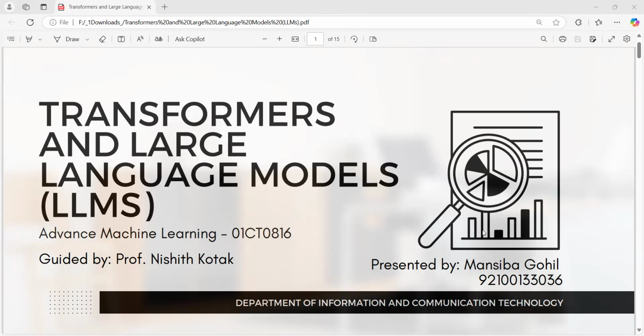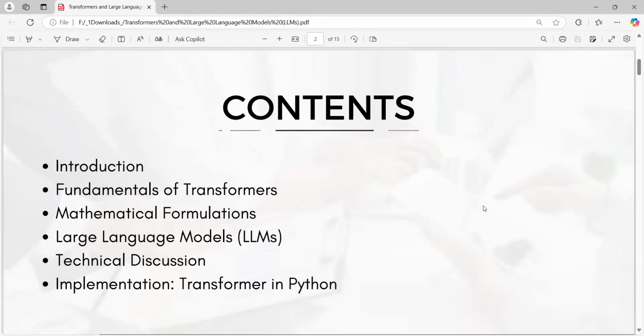As part of my subject Advanced Machine Learning, I will be giving you a short tutorial on what transformers and LLMs are, and if you want to apply them, how you can apply them with the language Python. So basically, we'll go from an introduction to the fundamentals of transformers.